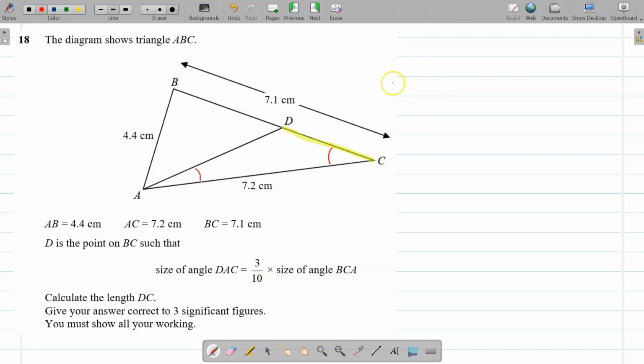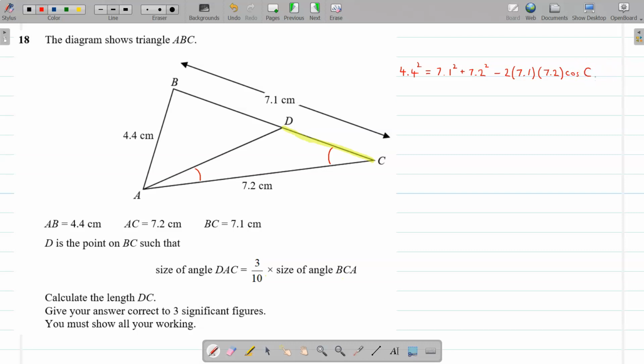So I'm going to call that angle here C, and I'm going to say that 4.4 squared, so that's A squared, equals 7.1 squared plus 7.2 squared minus 2 lots of 7.1 times 7.2 times the cosine of the angle between them.